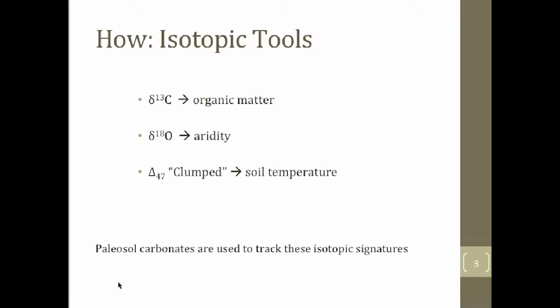Then there was delta O18, which helped us estimate the aridity, or dryness, of the soil, which relates to soil moisture. And lastly, clumped isotope analyses, a combination of stable isotope analyses that give us a general idea of the soil temperature during that time period. With a combination of all these isotopic values, we're able to create an isotopic signature of the paleosol layers that we're looking at.